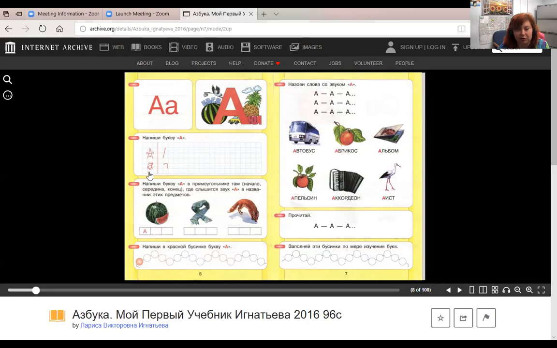Also, it shows directions of how you write this letter. The block letter A, you start from the top and go down. And also these arrows point how you write this letter if you make a small case.